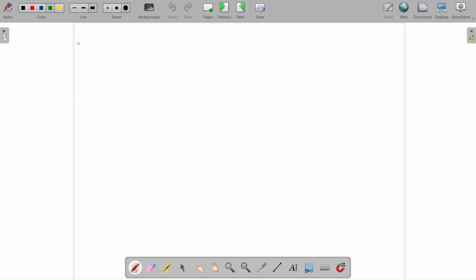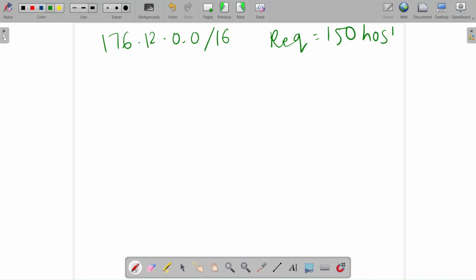Let us look at another question: 176.12.0.0/16. This is a question I'm just giving to you, and the requirement is, say, 150 hosts. Earlier we had kept the same number, 32 hosts and 32 bits, so it might have gotten a little confusing. Now let us first find the class.